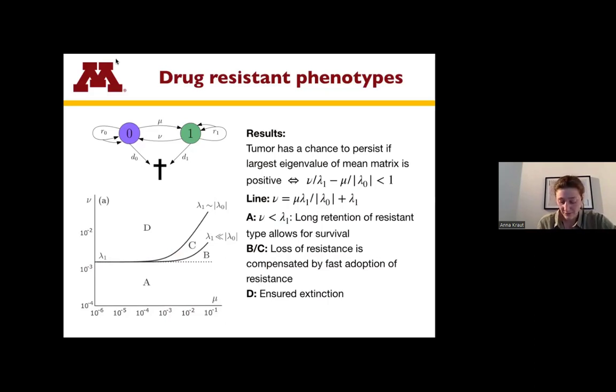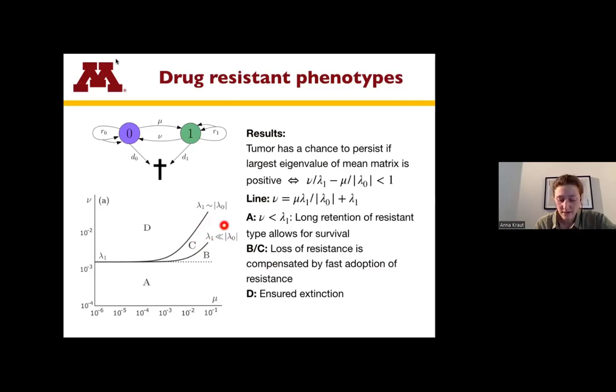And we see different regions where, basically underneath this curve, the tumor can persist, and the branching process is supercritical. And there are lines for two different scenarios where either the growth rate of the resistant type can be of the same order as the decay rate of the susceptible type, or it can be much smaller.